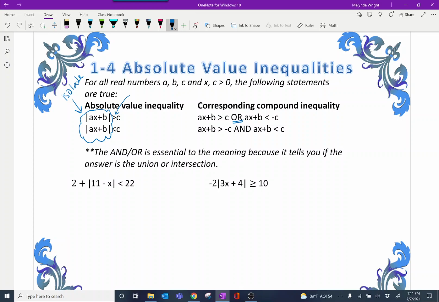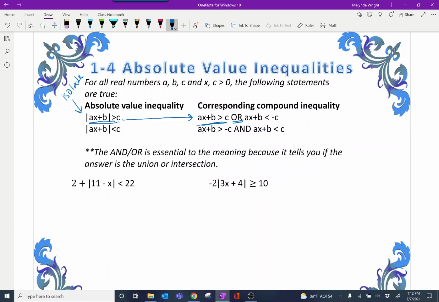In order to get rid of them, we have to transform them into their form without absolute value bars. So for this first one, the way I like to think about it is we would write this exactly what it looks like, this inequality, without the absolute value bars. See how these are the same?